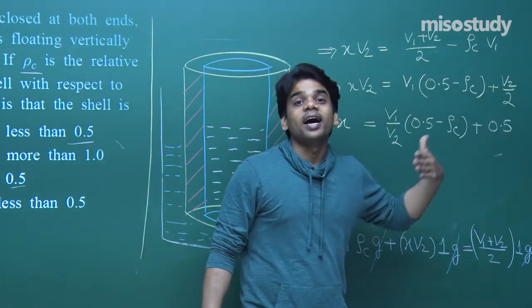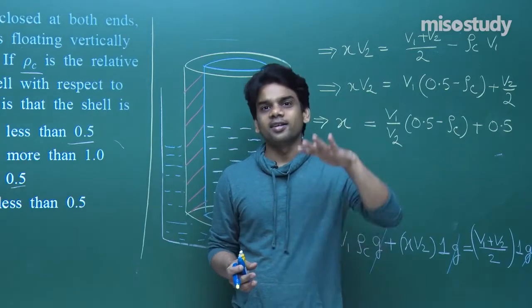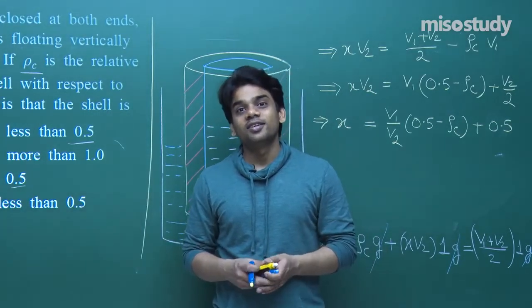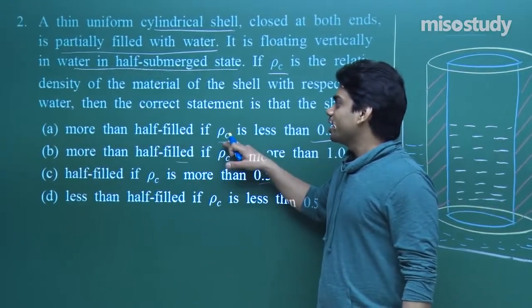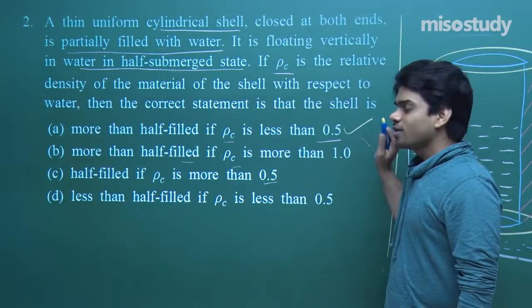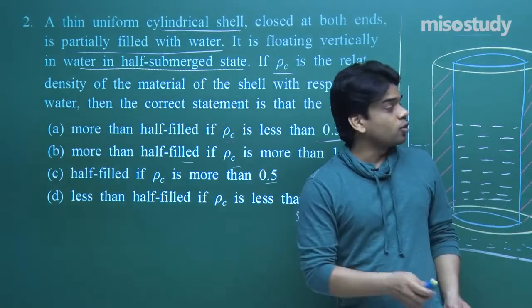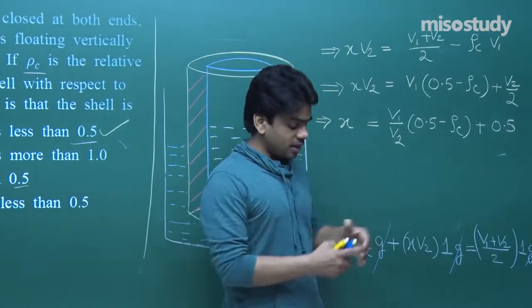That means a value higher than 0.5. That means the fraction x is higher, so more than half of the shell is filled. That means option A, more than half filled if rho c is less than 0.5, is right. Once again, if you want, you can analyze on your own. Think here, if rho c is less than 0.5, this term will be positive. Understand? Let me write here.